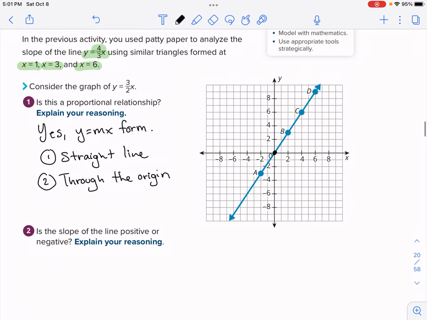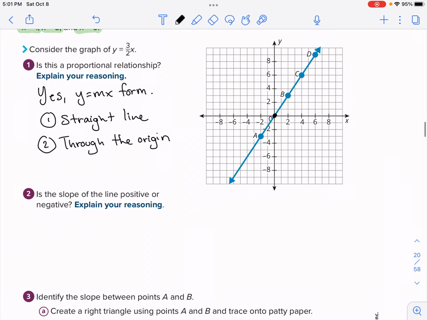All right, is the slope of the line positive or negative? This is a positive slope. There's actually 4 different types of slope. We'll talk about that later, but on the previous page, we said positive is represented as x increases, y also increases.